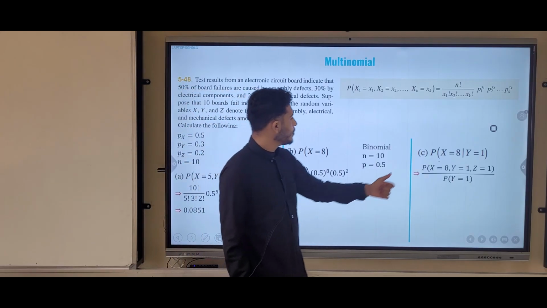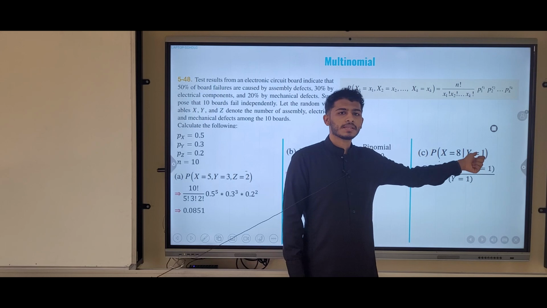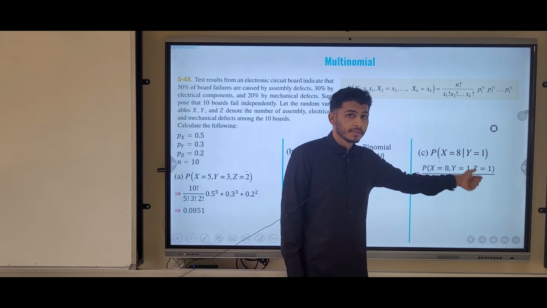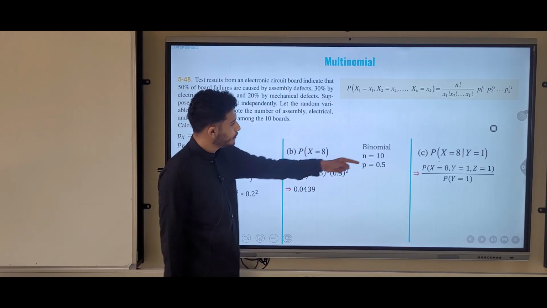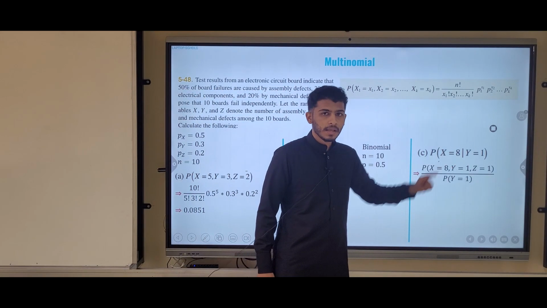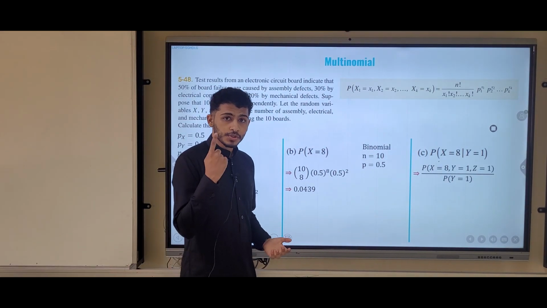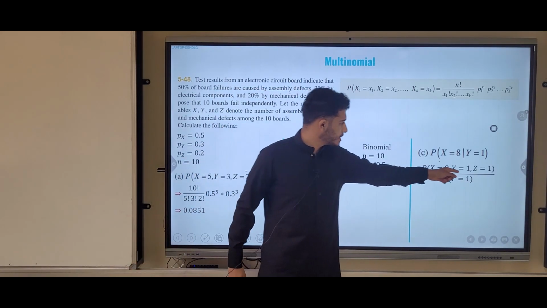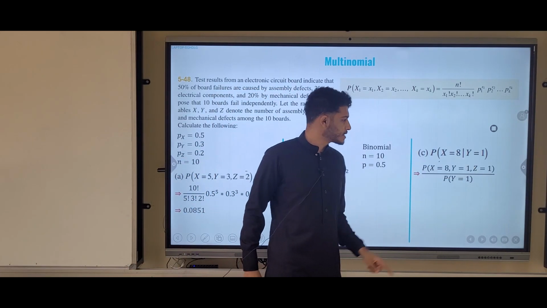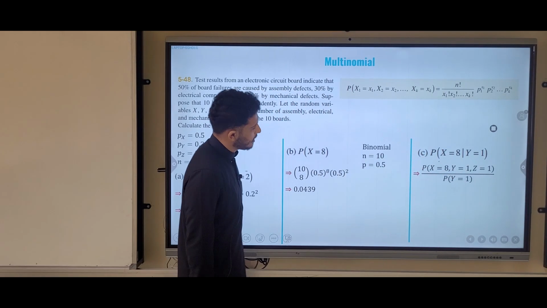We want to have 8 successes of X, and we already have 1 success of Y. But bear in mind, we have 10 trials, n equals 10. If you sum these two, you're going to end up with 9. So there is 1 additional success that you have to account for, that's why we added Z equals 1 in this case. So when we sum everything in here, we should end up with 10 at the end.